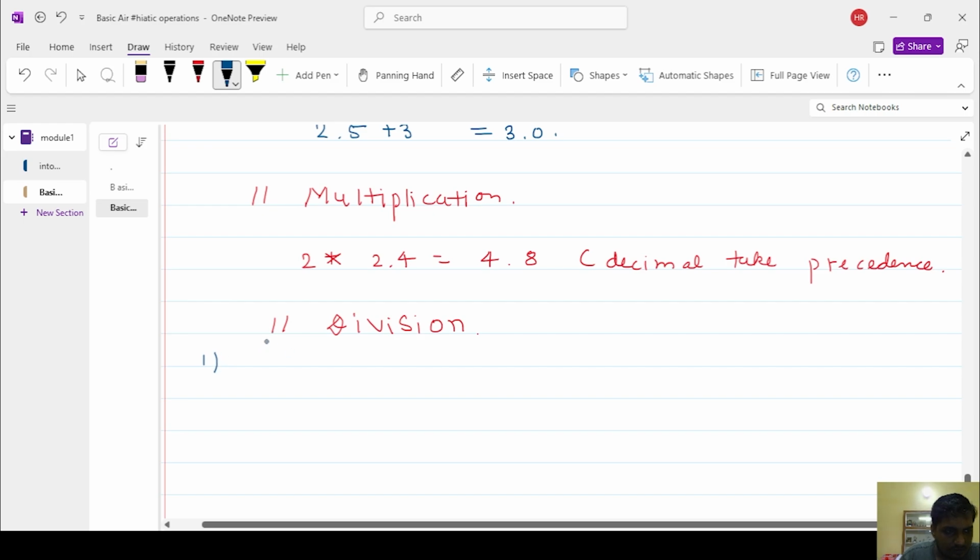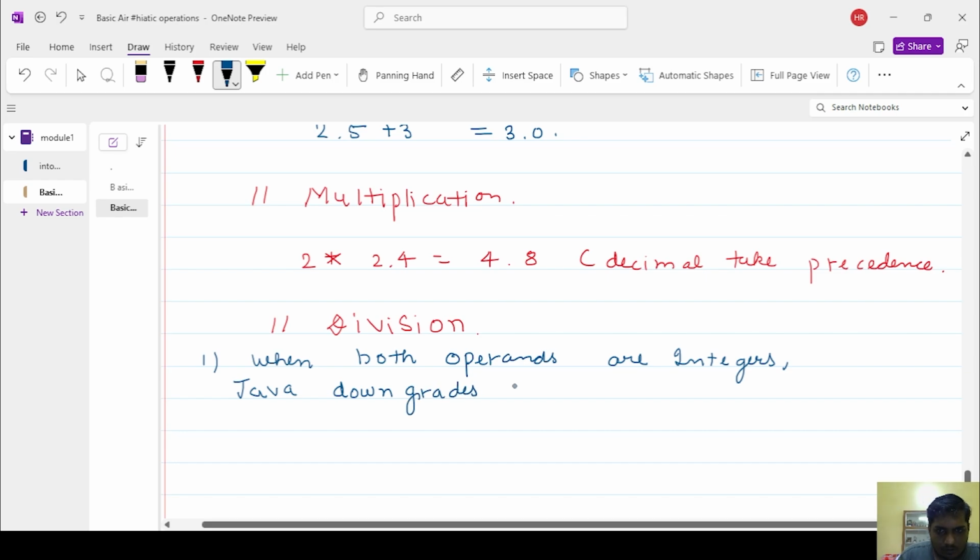First, when both operands are integers, Java downgrades the result to an integer.